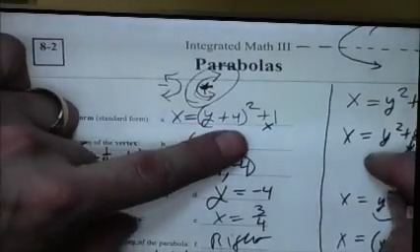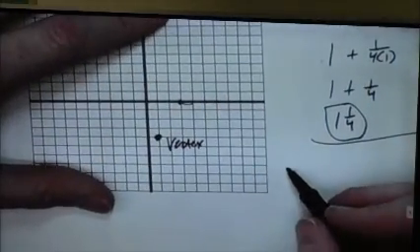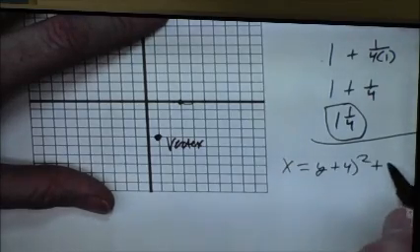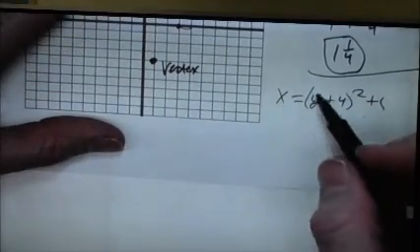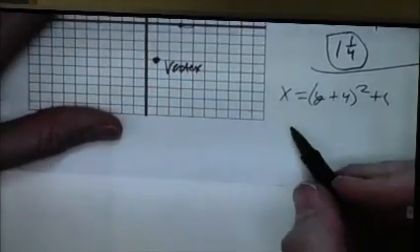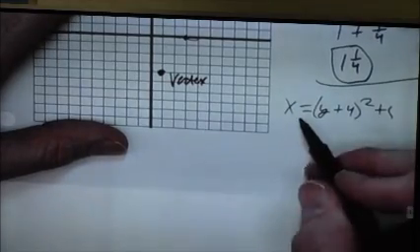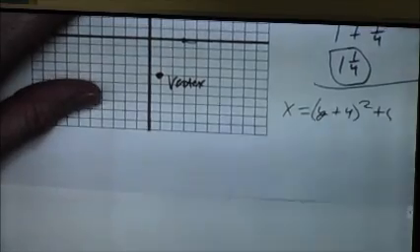So let's take the formula here and let's put in a positive 3. So x equals y plus 4 squared plus 1. I'm going to put a 3 in there for, oh, now I've got a problem. If I put a 3 in there for the x, then I'm going to have to take the square root of it and subtract 1 and then subtract 4. This looks like a mess.